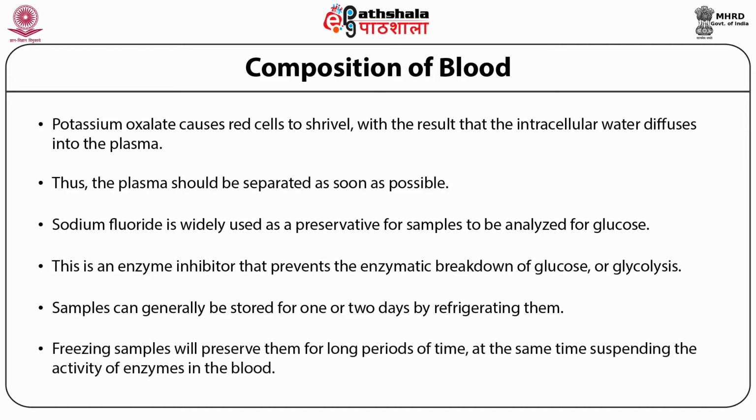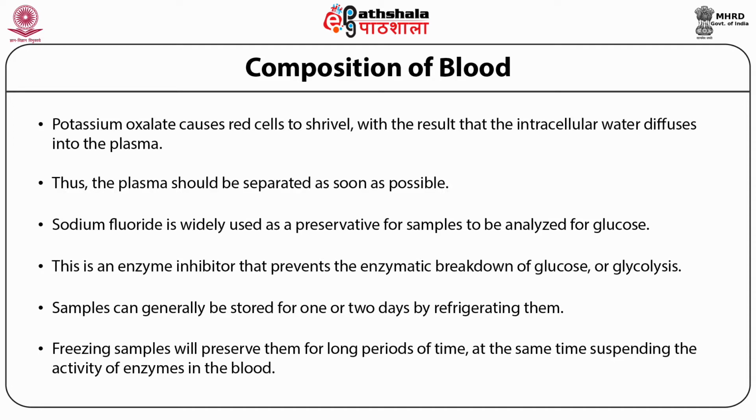Freezing samples will preserve them for a long period of time, at the same time suspending the activity of enzymes in the blood. Whole blood should not be frozen because the red cells will become ruptured. Serum and plasma samples fractionate into layers of different composition when frozen, and so should be shaken gently after thawing.